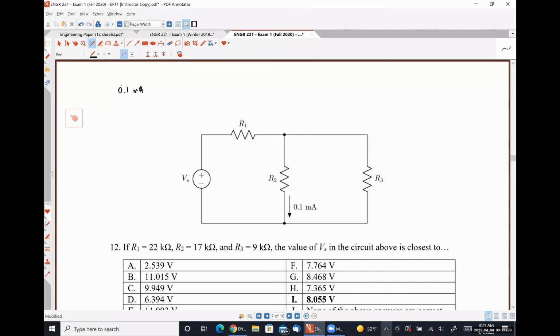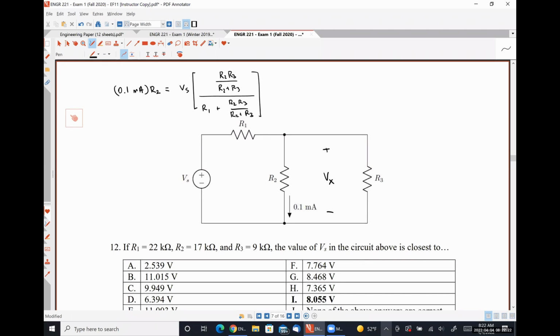0.1 milliamps times R2, which is this voltage drop, let's just call it Vx for the sake of argument, has to be equal to Vs times R2 times R3 over R2 plus R3, divided by R1 plus R2 R3 over R2 plus R3.